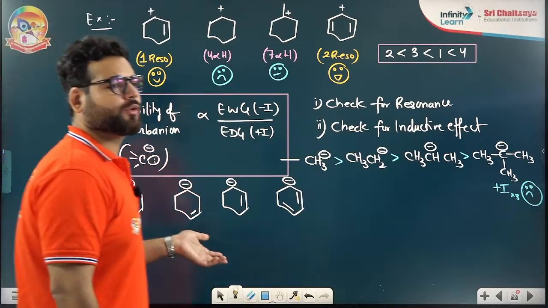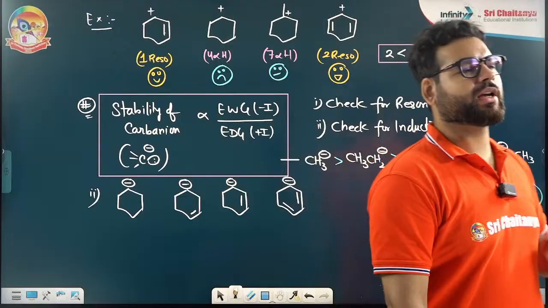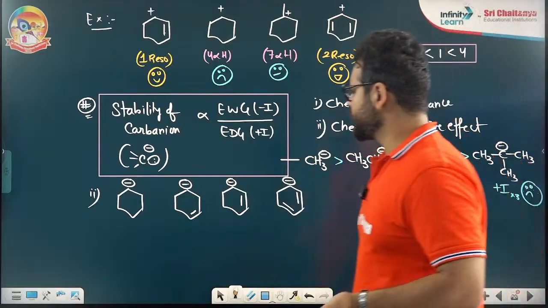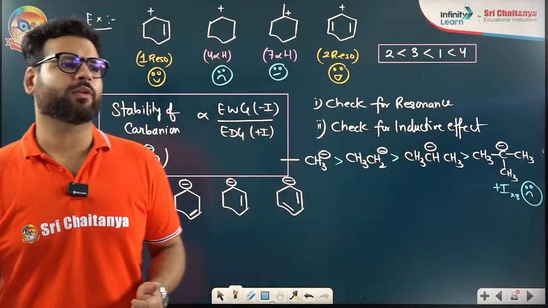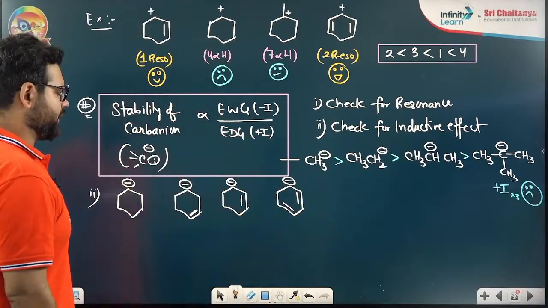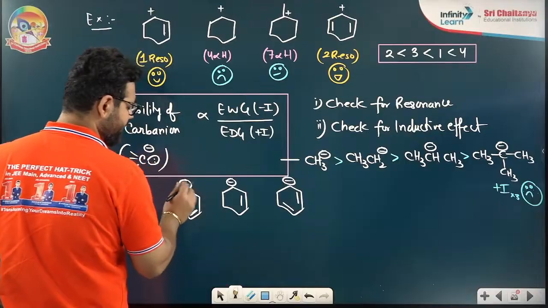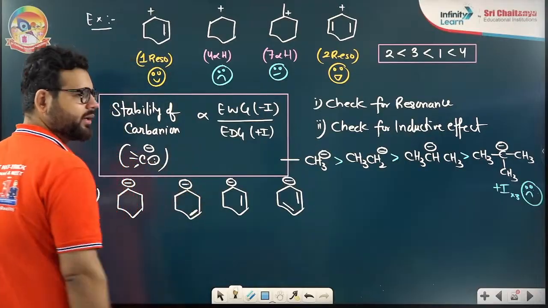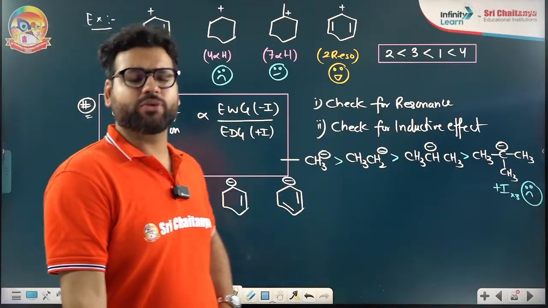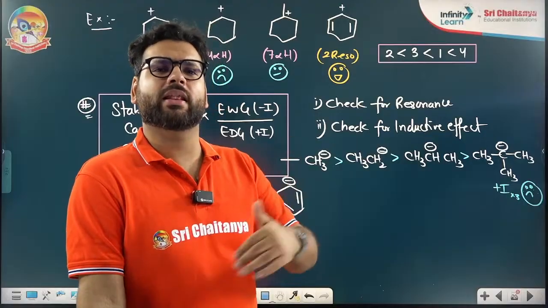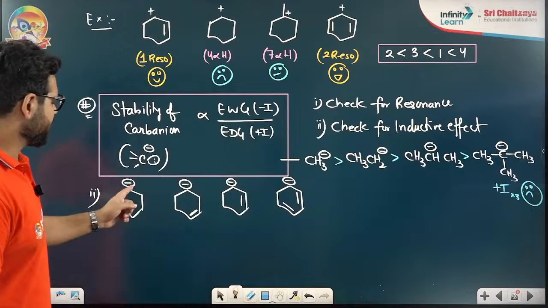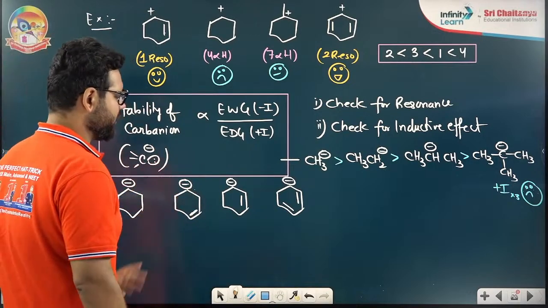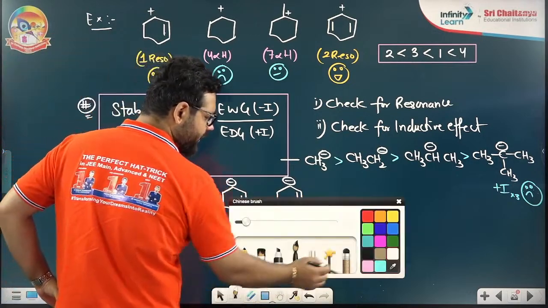So if I give you these four carbanions, we have to check where the resonance is first. First one has no resonance, minus nothing, nothing. Next one also has no resonance. For resonance to be present, you should be able to say minus, nothing, pi. Here, minus nothing, nothing. Here, minus nothing pi. So yes, one resonance is there.